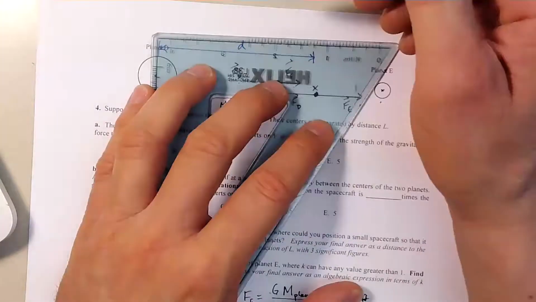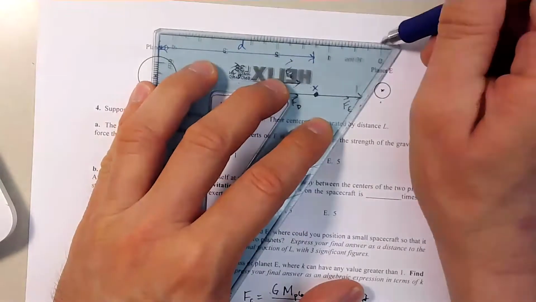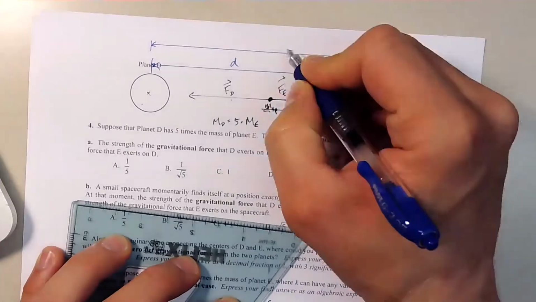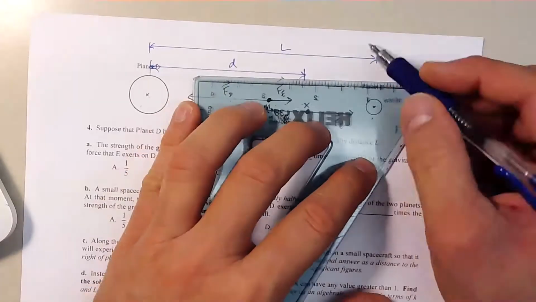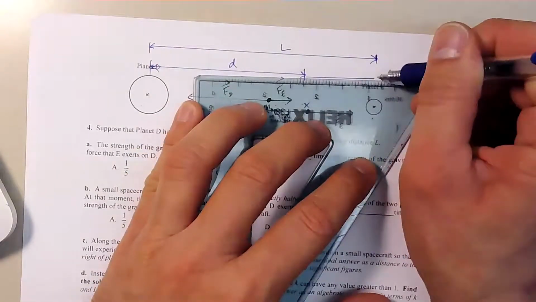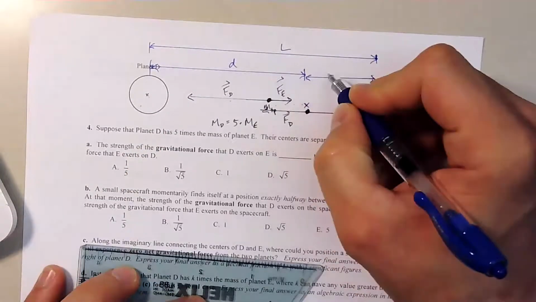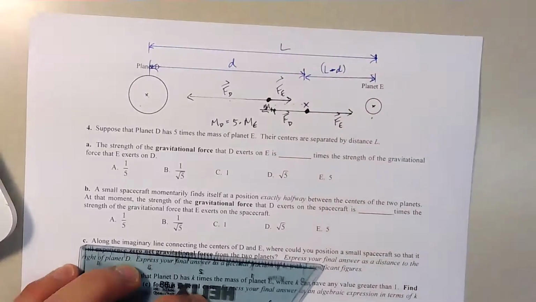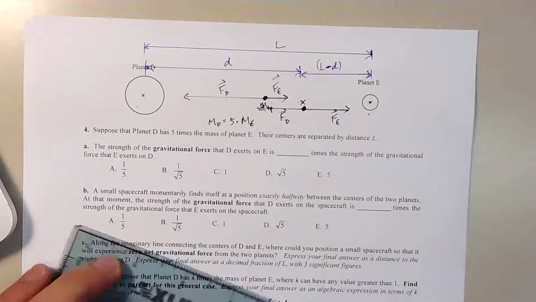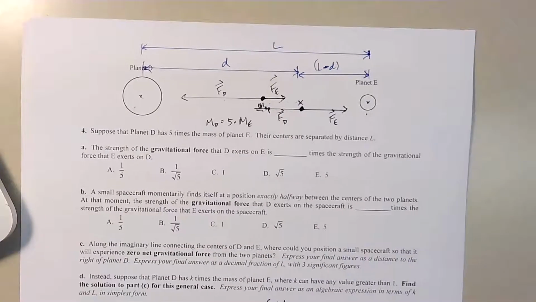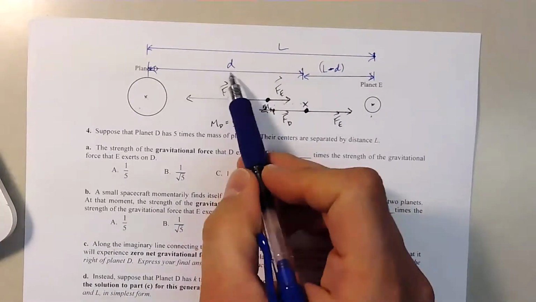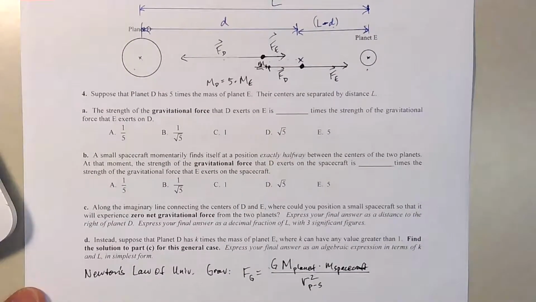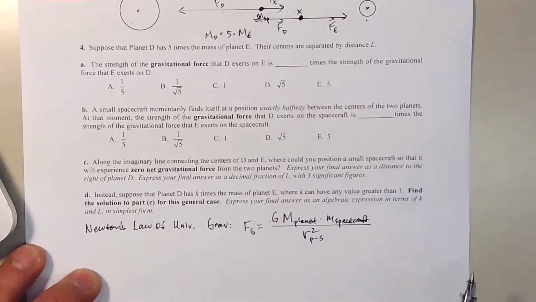We know that the distance between the two planets is called capital L. So therefore, this separation over here between the spacecraft and the right-hand planet must be L minus d. Okay? All right, so keep that in mind. Unfortunately, I have to move it up off the screen, but keep that in the back of your mind.